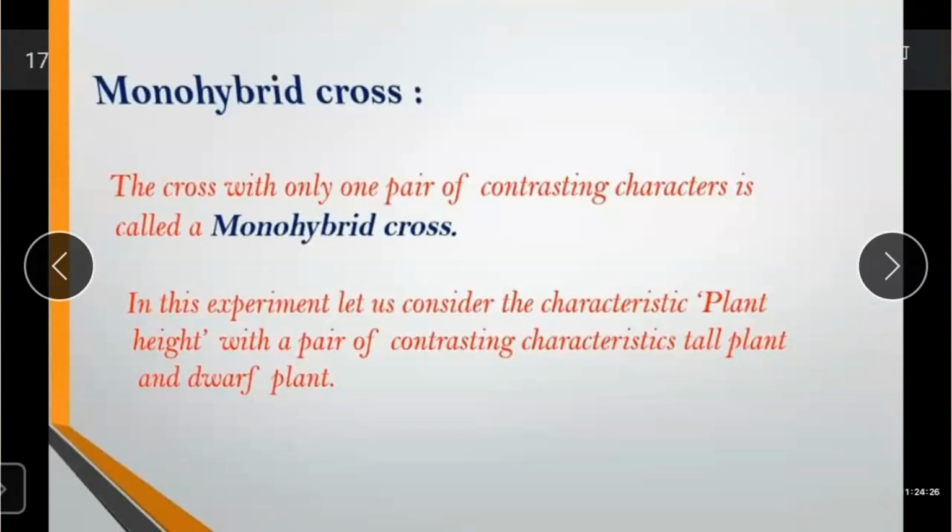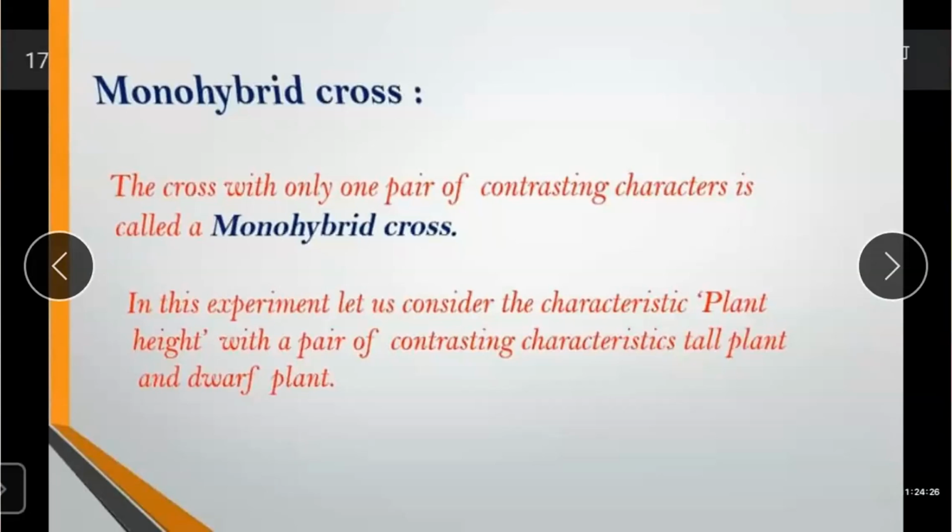Contrasting means different. The cross with only one pair of contrasting characters is called a monohybrid cross. You have to learn this definition.